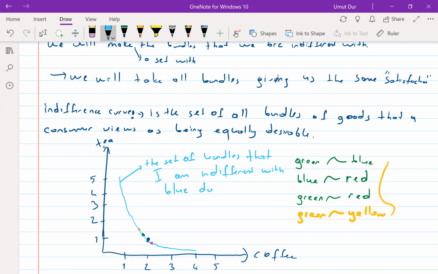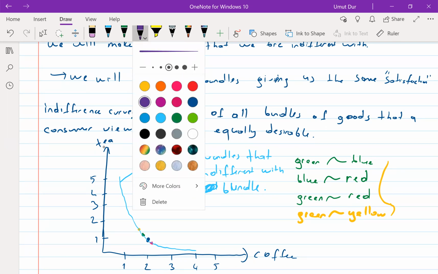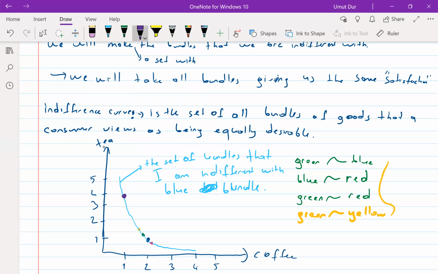No matter which bundle on this purple curve you consider, you are indifferent between purple and the yellow one, the purple and the green one, the purple and the blue one.